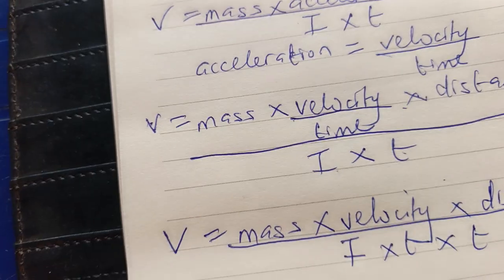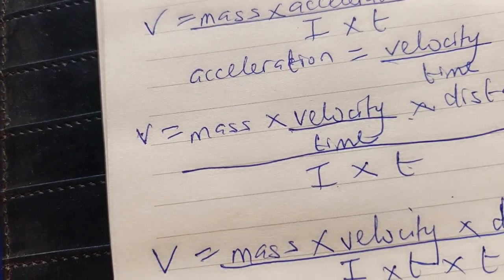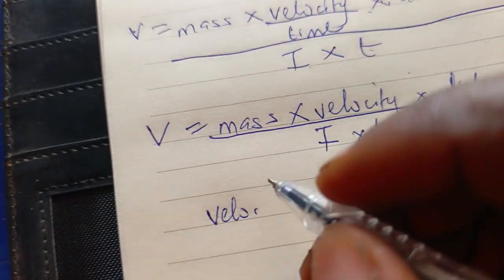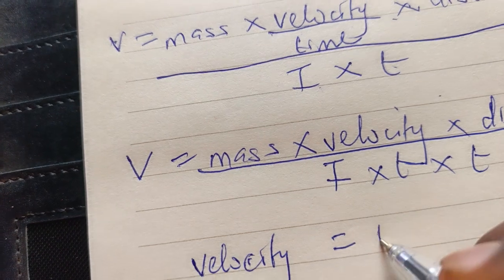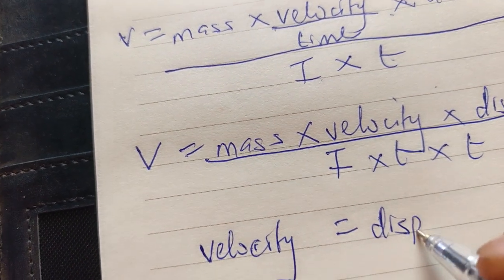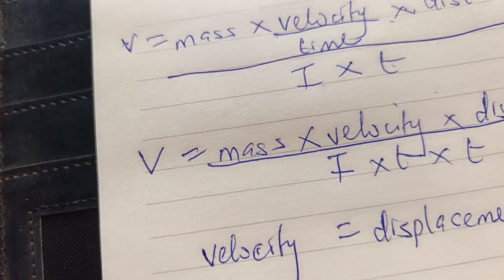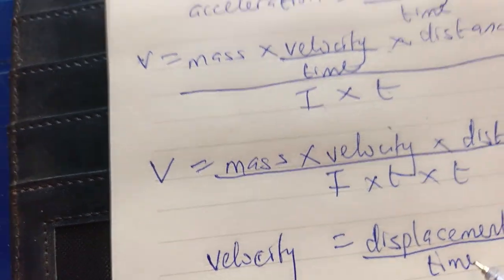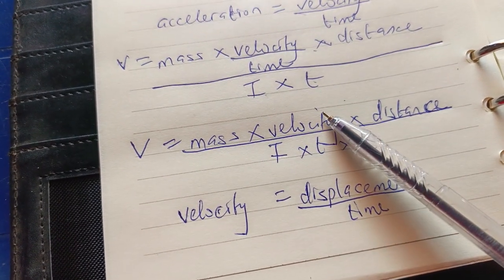Right? Good. Now, this velocity is quite high too, and velocity will now give us displacement over time. So I'm going to put this in place of velocity here.